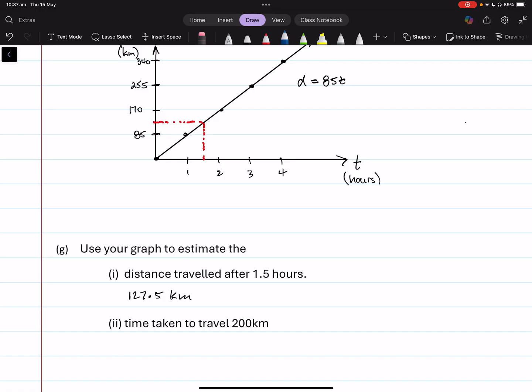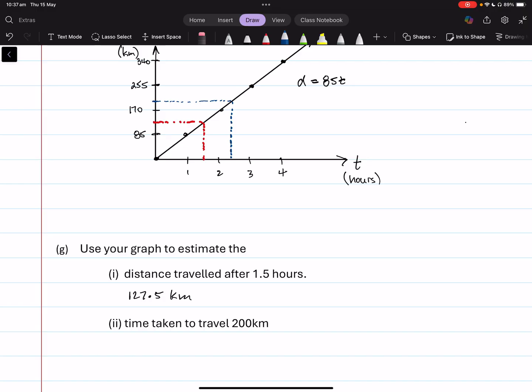So I reckon it's somewhere in here. And so I'm going to go across from there, trying to keep it horizontal, till you hit that line, and then coming down from there, come down to that point.